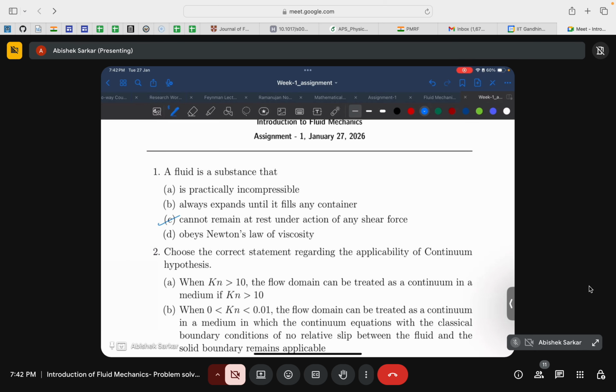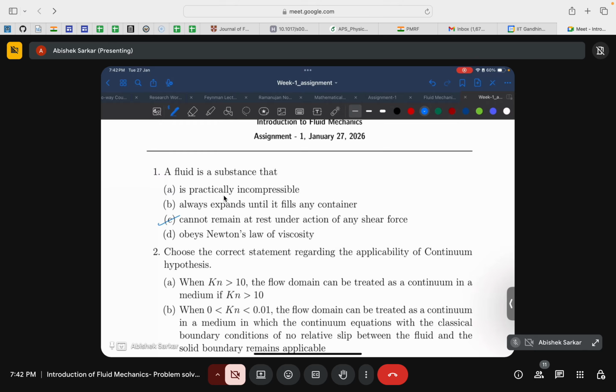Let me give you one example for option A. Why is it not correct all the time? Because there might be scenarios where fluid may be appreciably compressible.